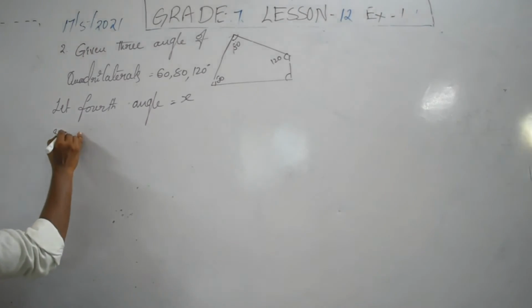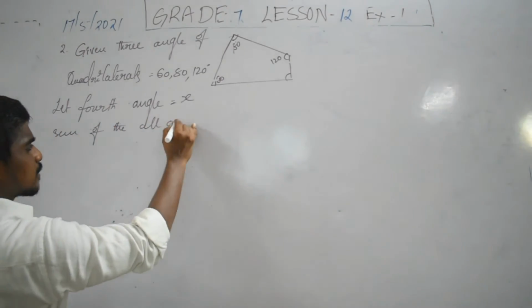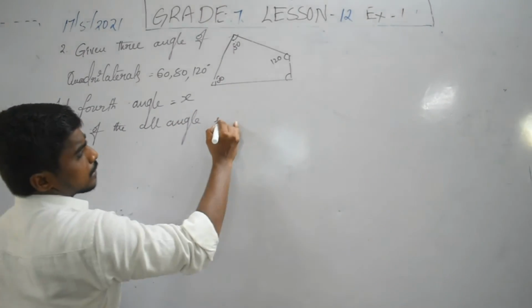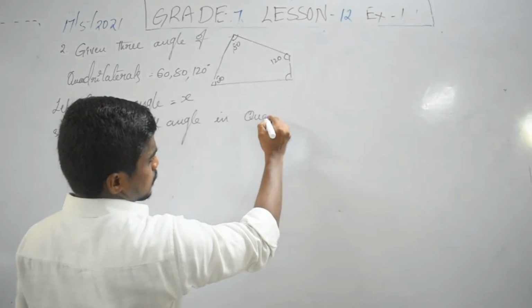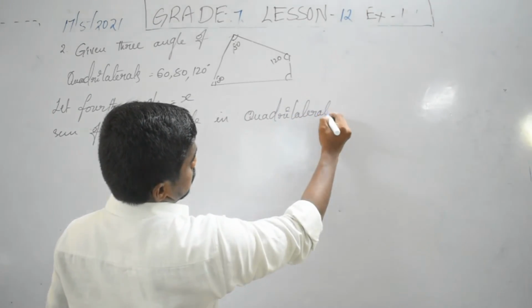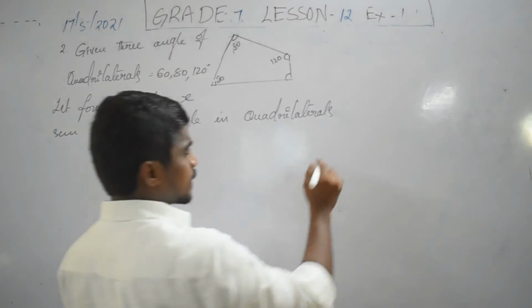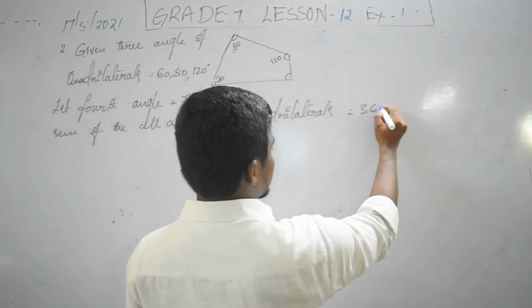So sum of all angles in a quadrilateral, how many degrees? 360 degrees.